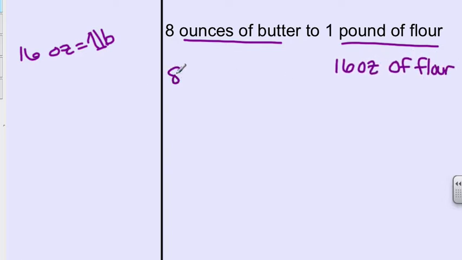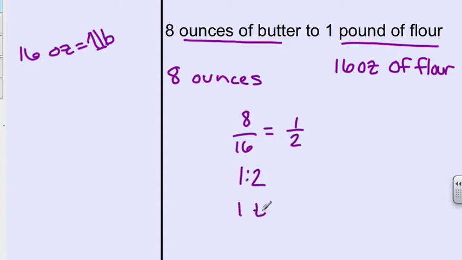And over here we have 8 ounces of butter. You go ahead and hit pause and solve it, and when you come back, we'll see if we got the same answer. You should have had 8 over 16 and then reduce that to be 1/2. If you write it in all 3 forms, you'd also have the colon and the 2.